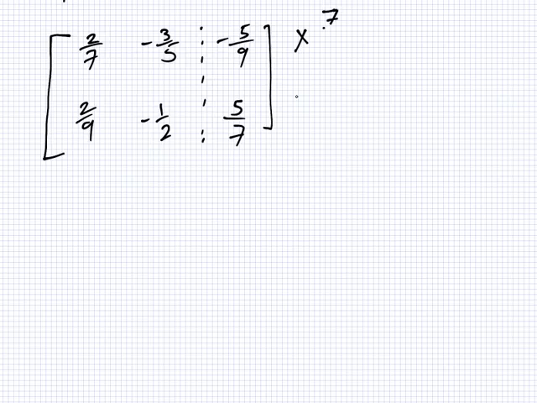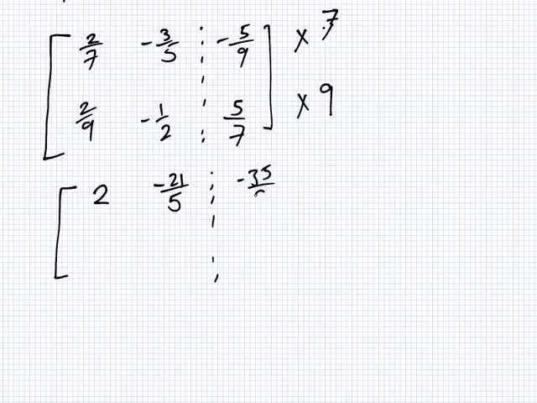I think 7 and 9 will be the easiest, because then this will become 2, this will become minus 21 over 5, this one will become minus 35 over 9.